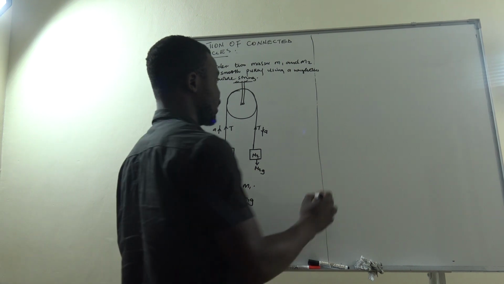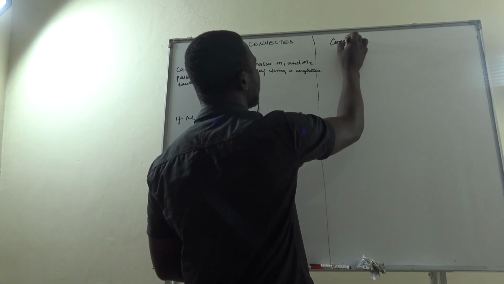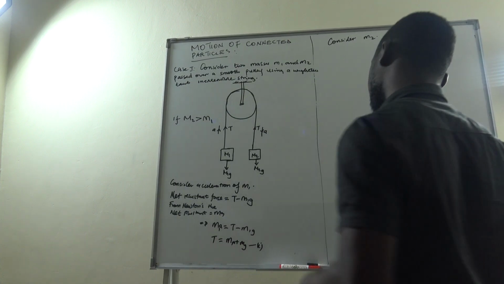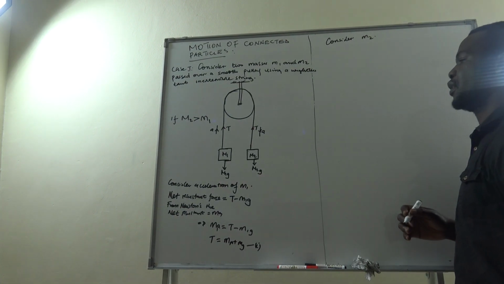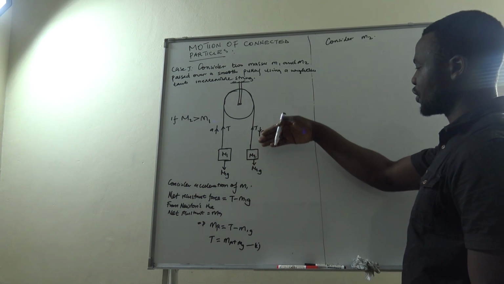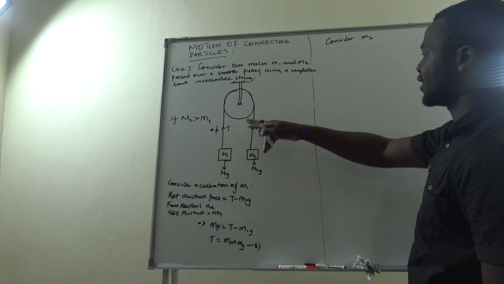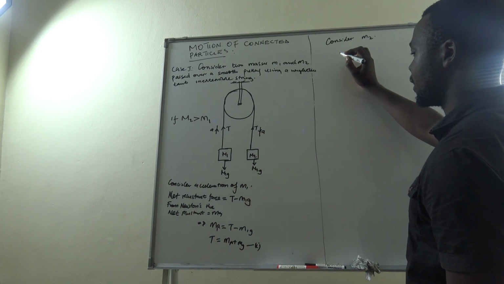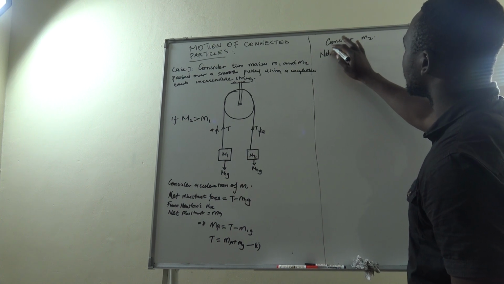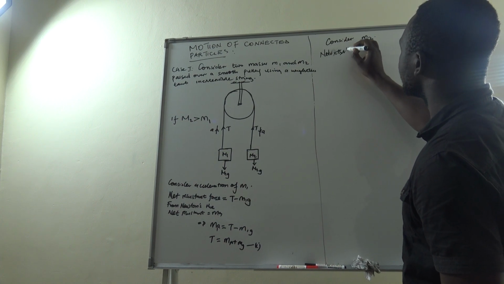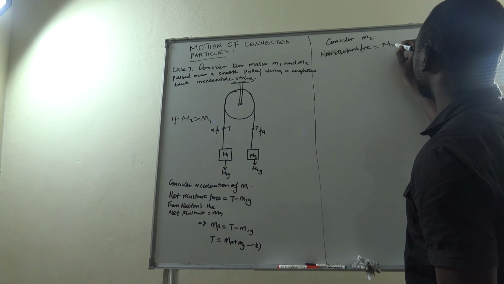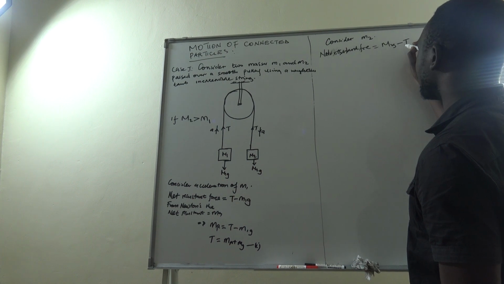Now let us consider M2. If we are considering M2, we see that this body M2 is pulling this string to move downward. So the net resultant force here will be equal to the weight of M2 minus the tension.